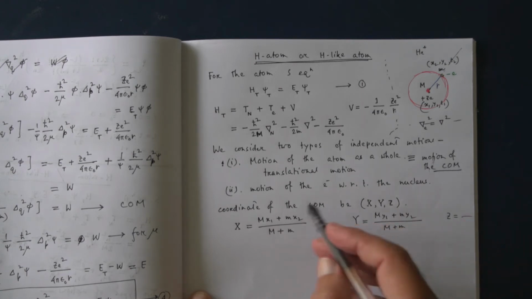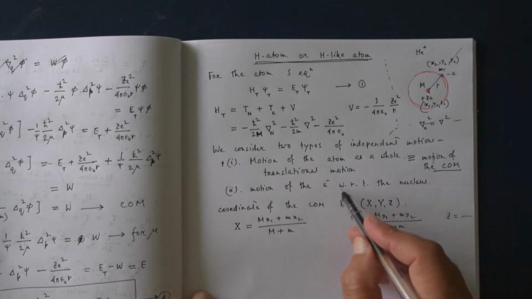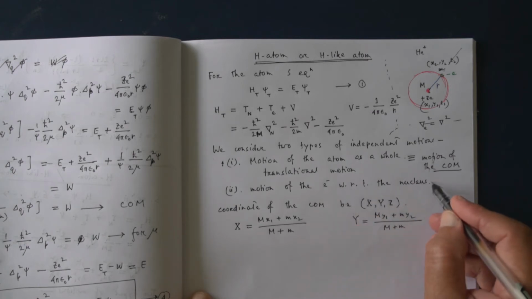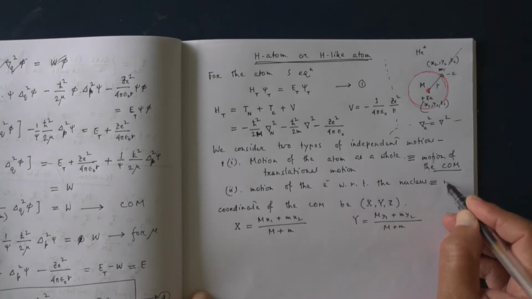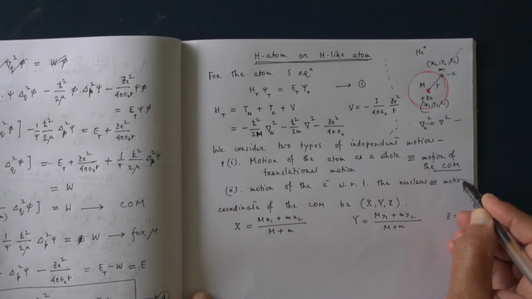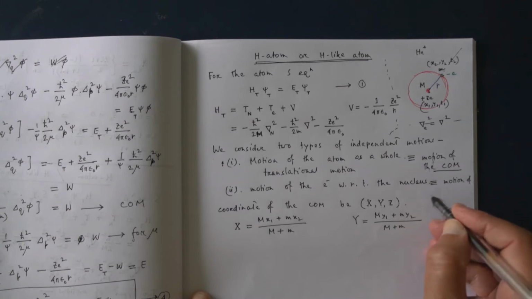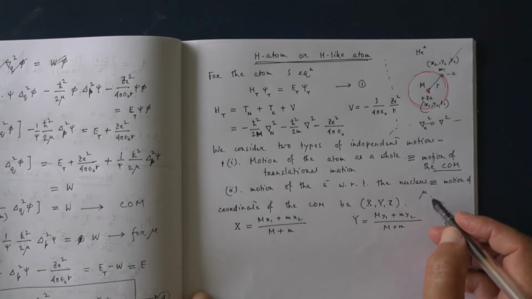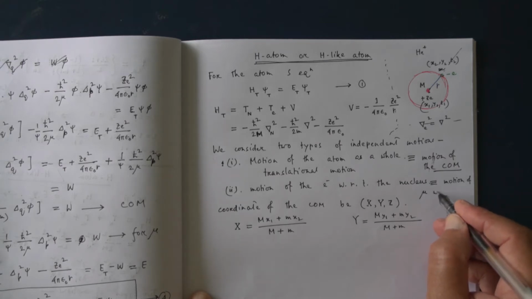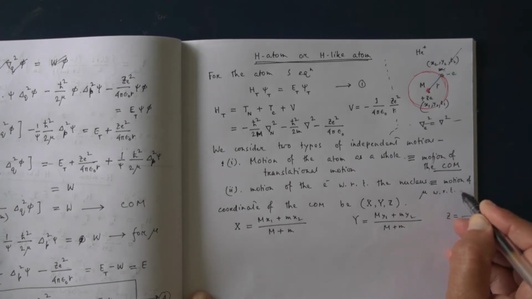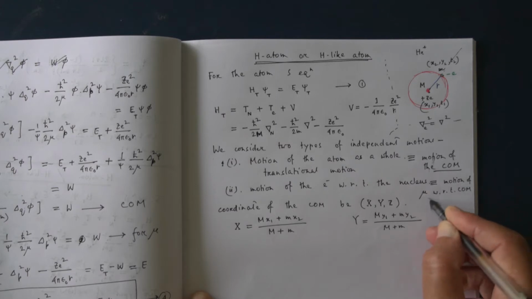Okay. Now the motion of the electron, that is the relative motion, is equivalent to the motion of a hypothetical particle mu. Actually, mu is the reduced mass, with respect to the center of mass.